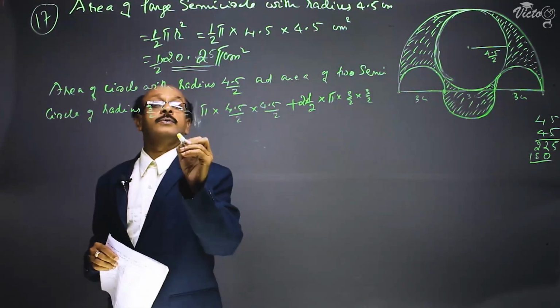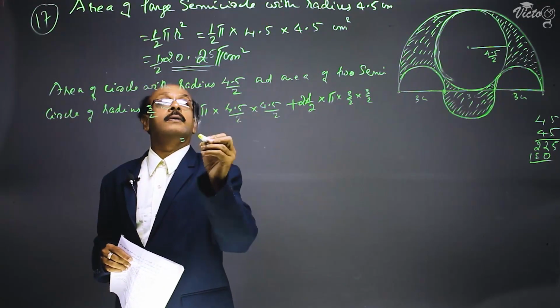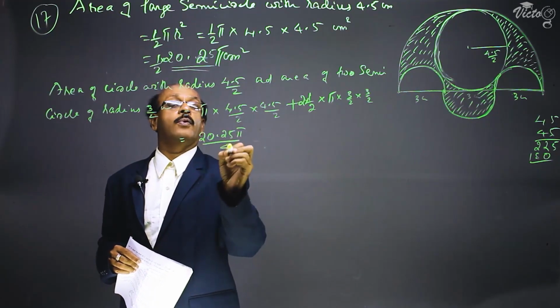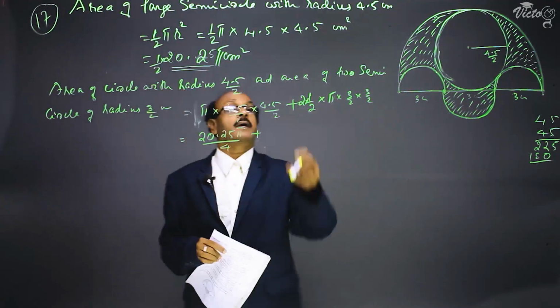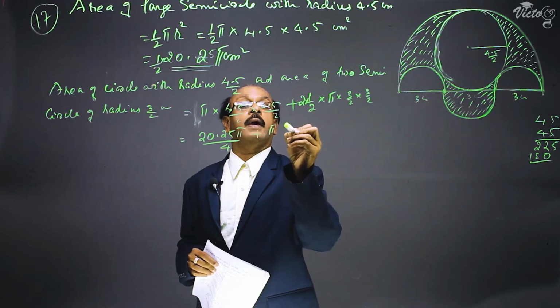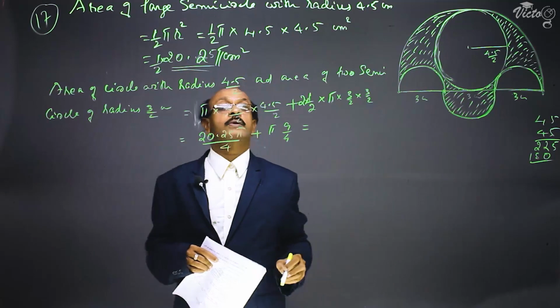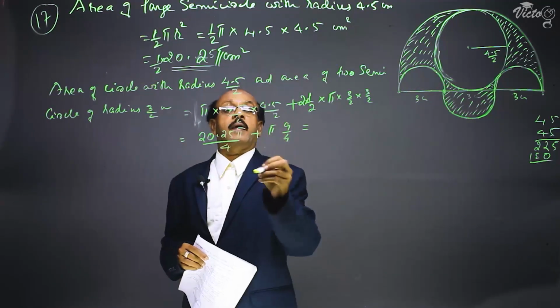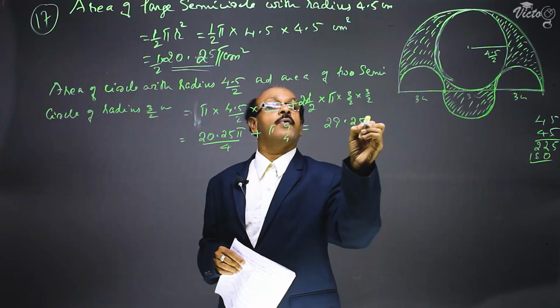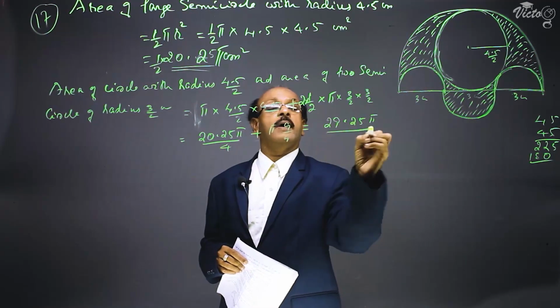This is equal to 20.25 pi by 4 plus, here 2 and 2 get cancelled, pi into 9 by 4, which is equal to 20.25 plus 9, 29.25 pi by 4.